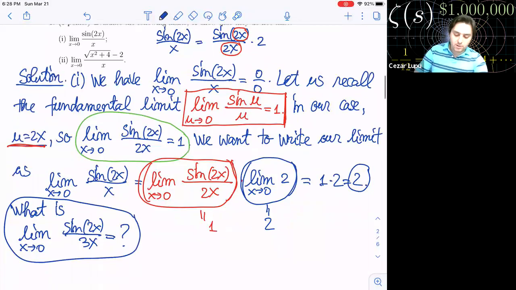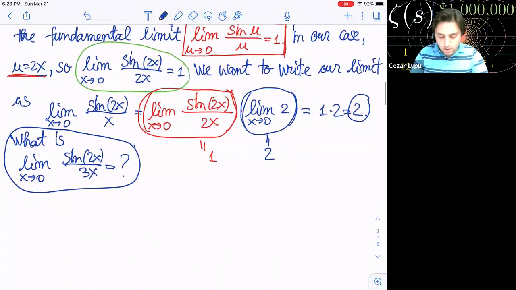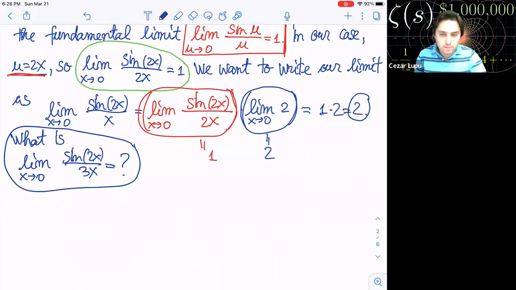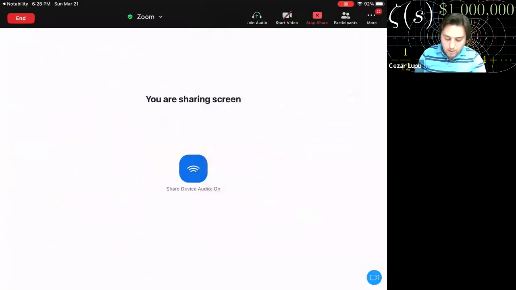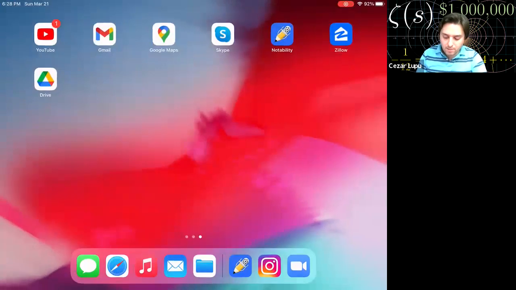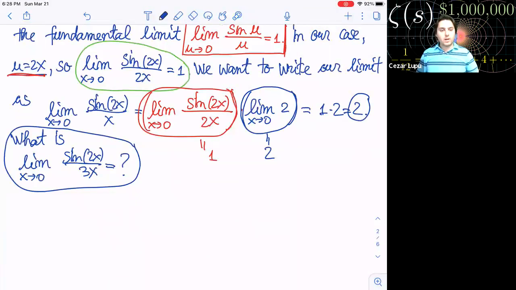Okay, let's actually do this. What if we can modify this limit? Yes, we can do that. You can use this fundamental limit, just like you said. Exactly. So we can factor in this way.